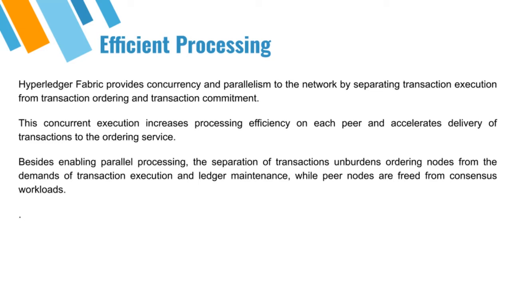By using a parallel processing approach, it also unburdens the miner nodes, which in Hyperledger we call ordering nodes, from the demands of transaction execution and maintenance. So everything is working in parallel. Suppose you have two students inside the university who are invoking a smart contract for giving an exam. Those two transactions can work in parallel, and it makes the complete process very efficient. This is currently not available with the Bitcoin and Ethereum blockchains.